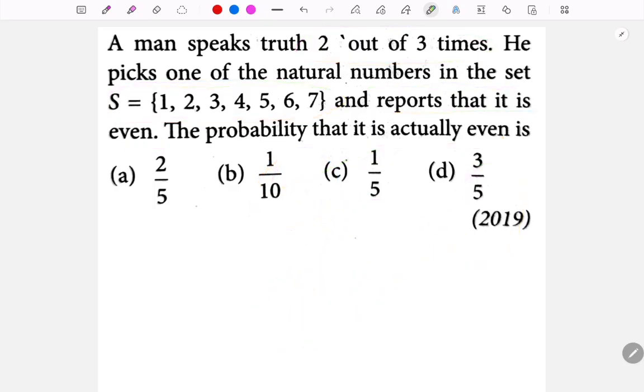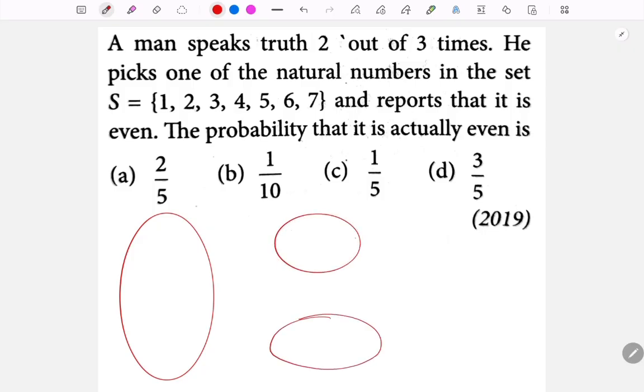Okay, now we will see according to the question. Drawing the problem. Before this one they gave a set, right? So take one set. It is a set with a few elements, and they report this one.